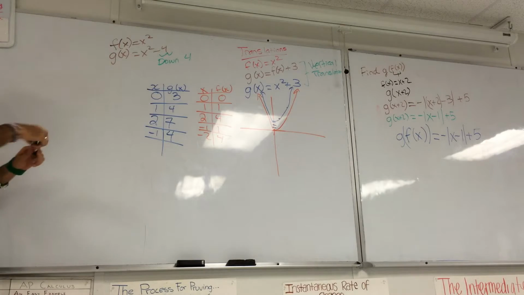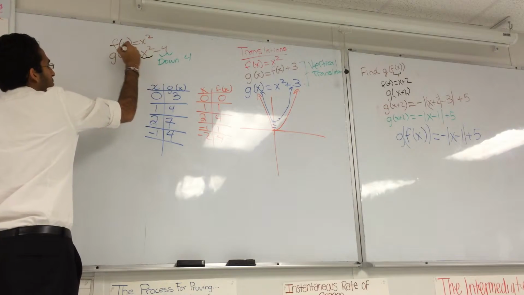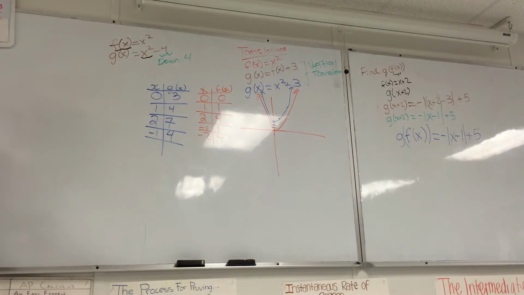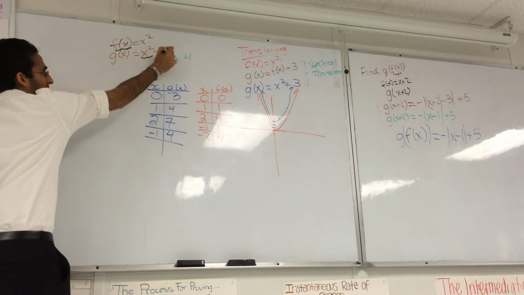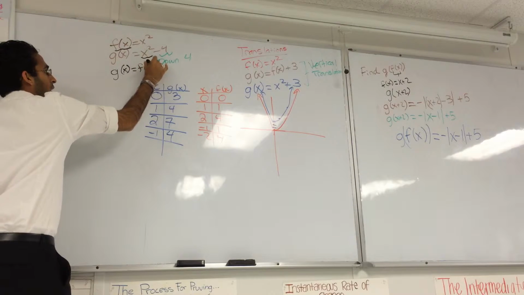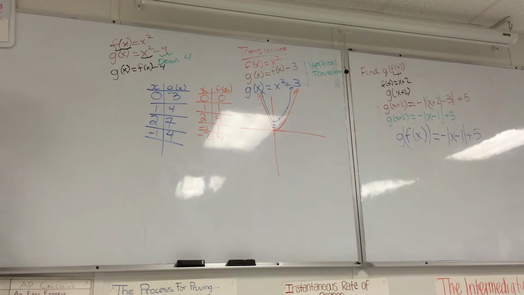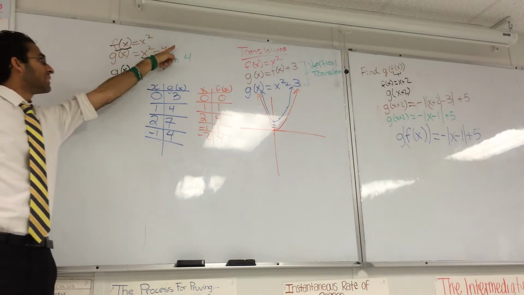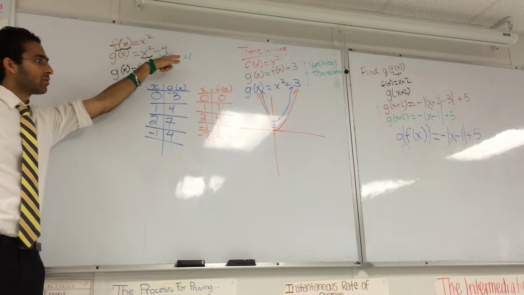Yeah. Because x squared can be rewritten as f of x. So I could just say g of x is this, or g of x is also this. Same thing. Either way to write it is fine. Both times this is indicating down 4 units.